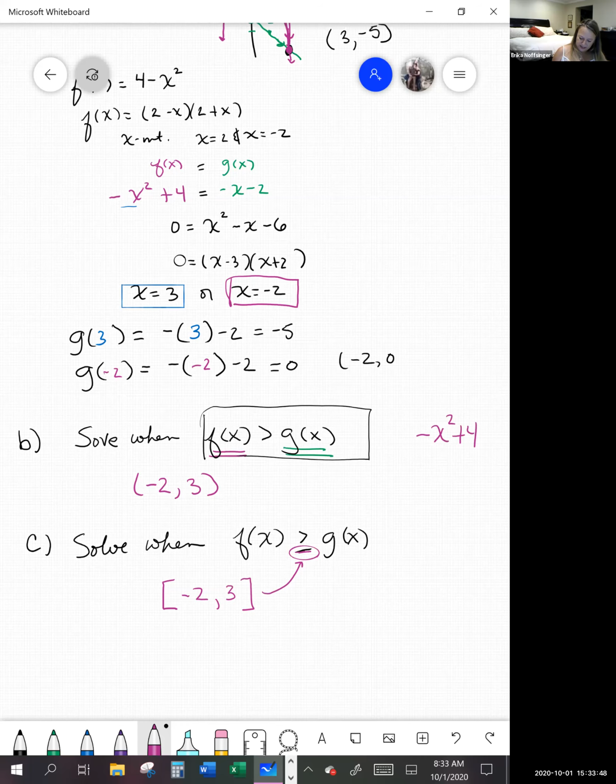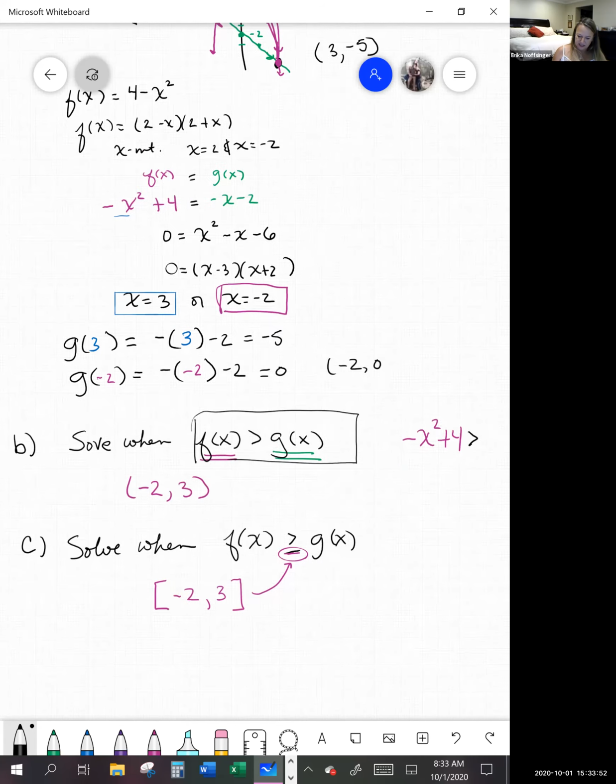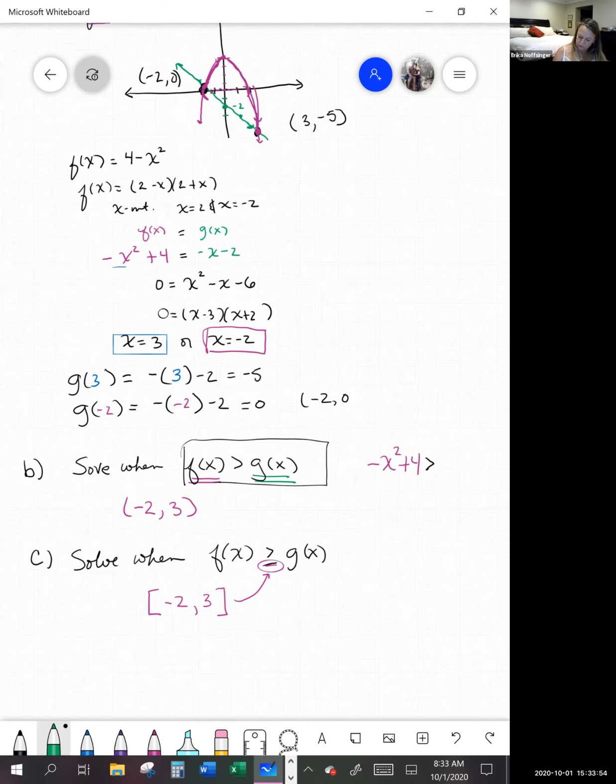I want to know when this is greater than g of x, which was -x - 2. And then we could solve here. So we could get x to one side. If we added x² and subtracted 4, this would be 0. It would have to be greater than x² - x - 6.